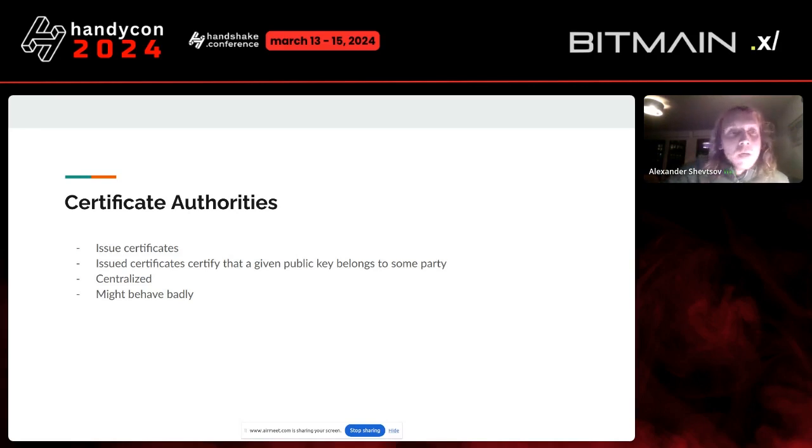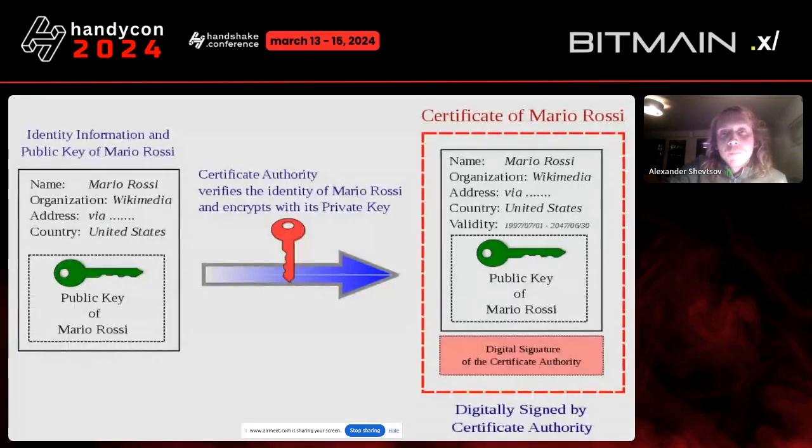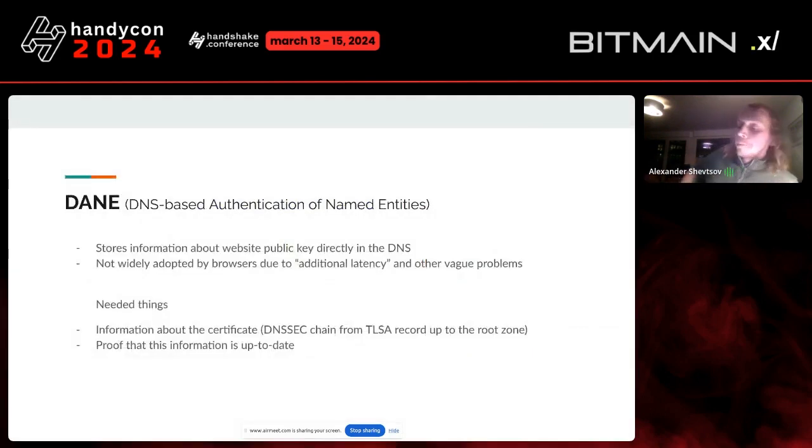Another approach to this problem of middlemen is actually to store public information in the DNS data. It is called DNS-based Authentication of Named Entities, and it literally allows storing information about a website's public key directly in the DNS records.